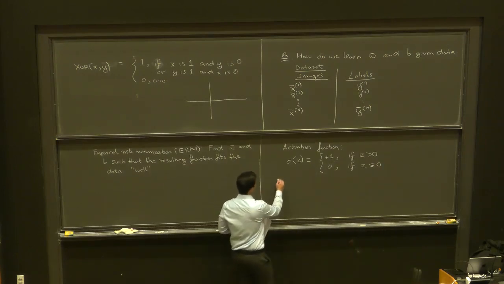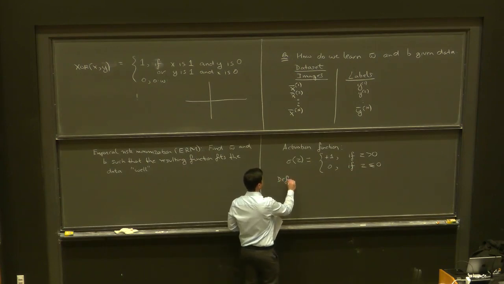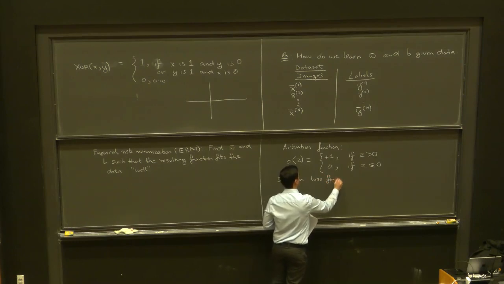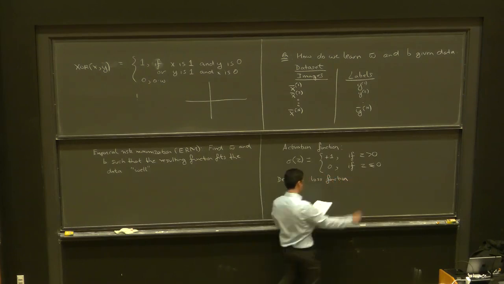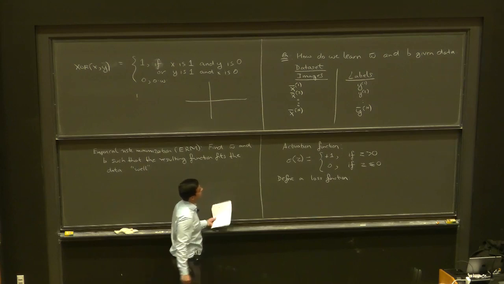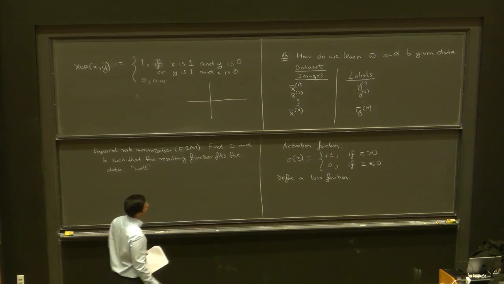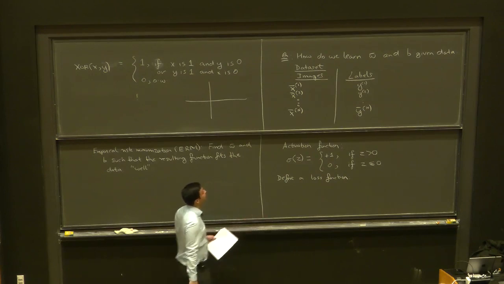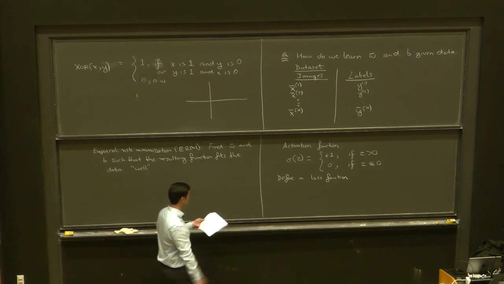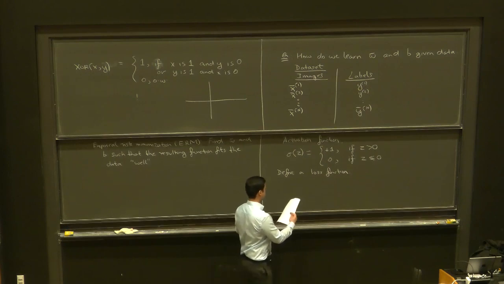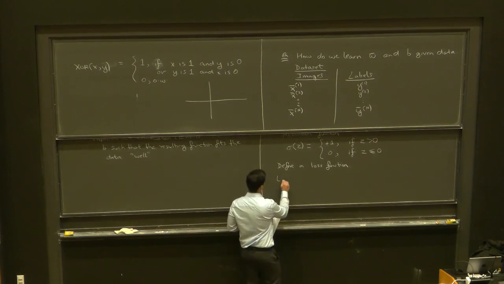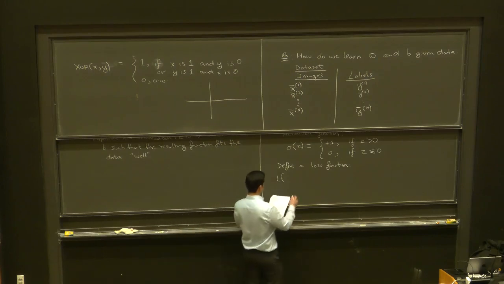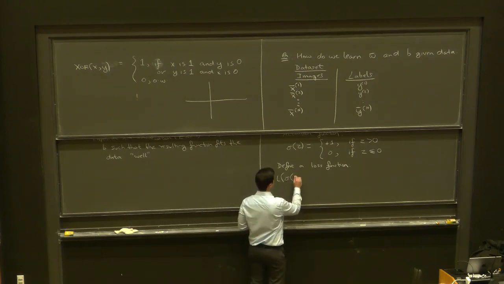We can then define a loss function. So this is going to be a function that tells us how well any particular W and B does on any particular image and label. So the notation I'll use is little l, so that's going to be our loss function. It takes in 2 arguments.